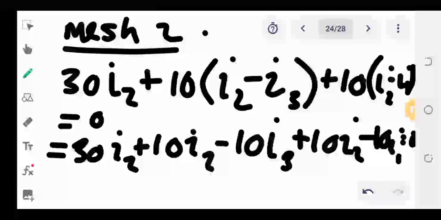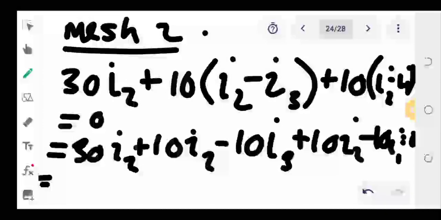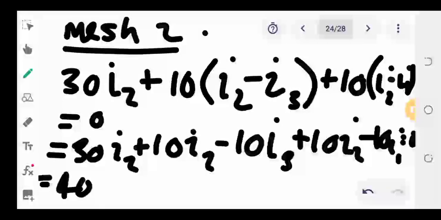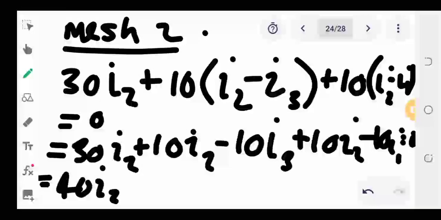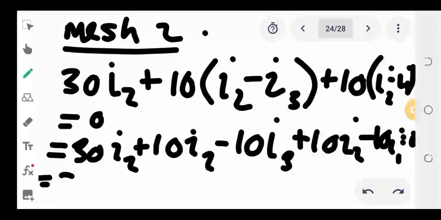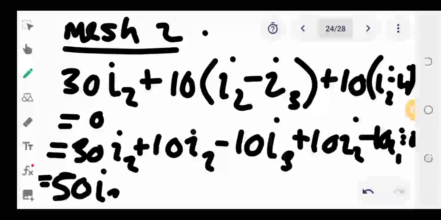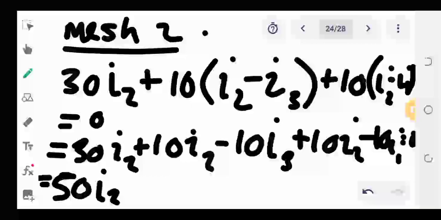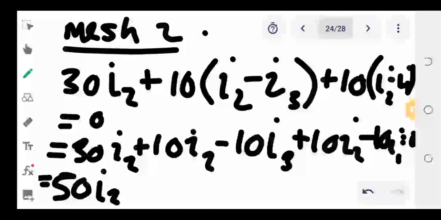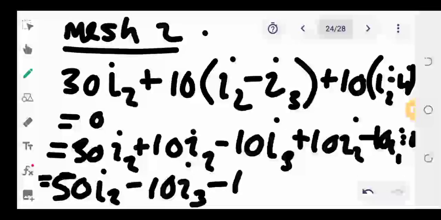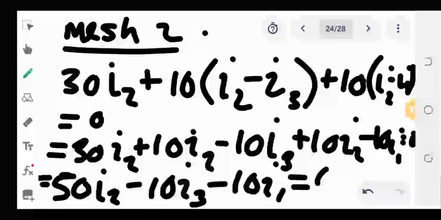So we can reduce this. Collecting the like terms, 30 plus 10 plus 10, we get 50 I2 minus 10 I3 minus 10 I1 equals 0.